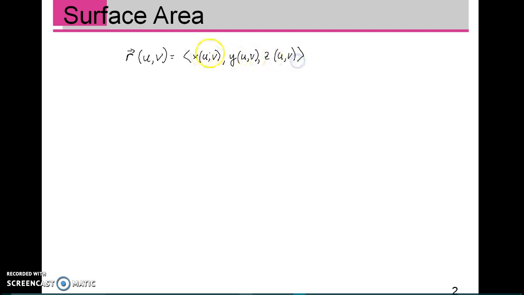And this forms some sort of surface, right? So this is a vector valued function of a surface.